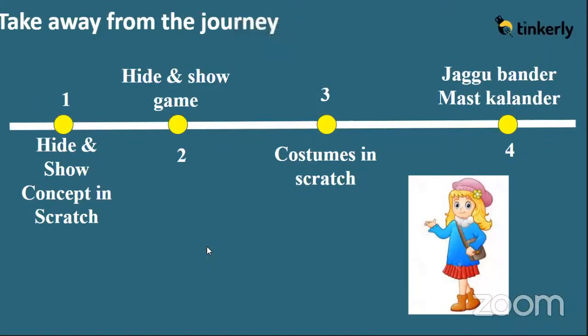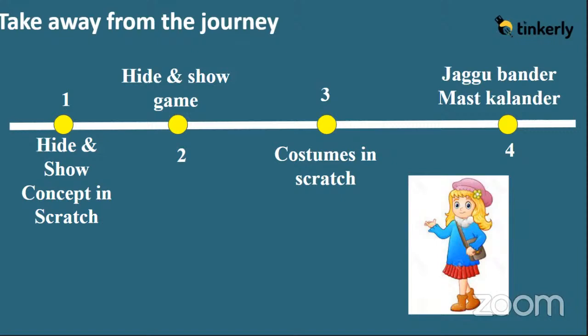Now, in this session, we have learned about the hide and show concept. In the hide and show concept, we learned that whenever we click on that cat sprite, the score should increase, right? We have created this thing.